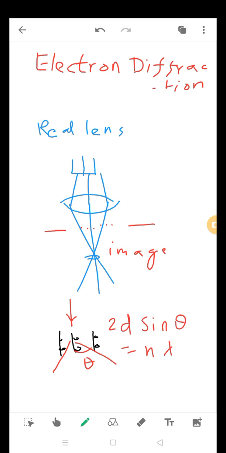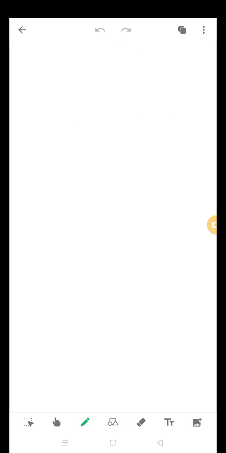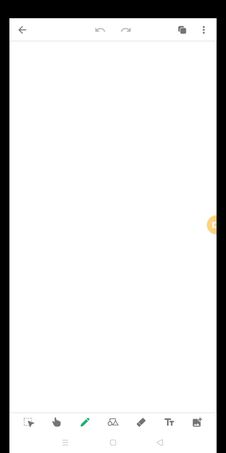Now, if we draw the Ewald sphere, so what is an actual Ewald sphere?